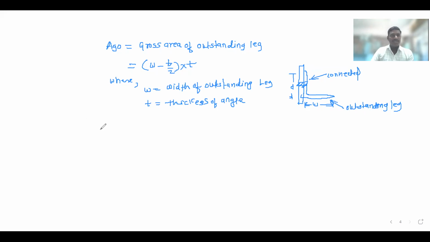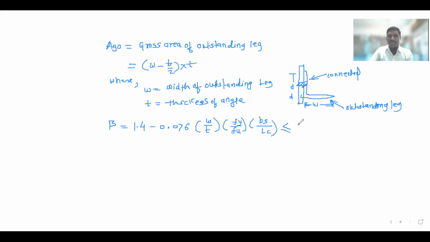Okay. So now the next unknown is beta. Beta we can calculate by using the formula: 1.4 minus 0.076 into W by T into Fy by Fu into Bs by ELC.